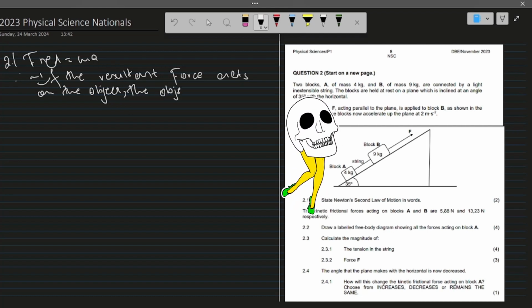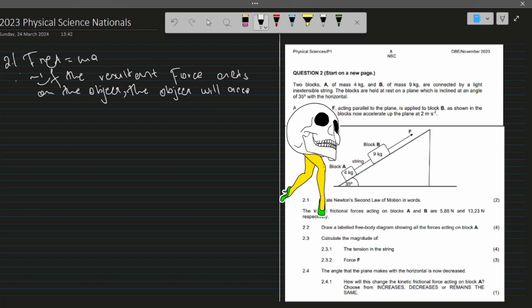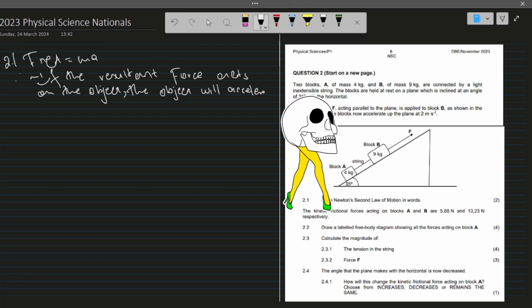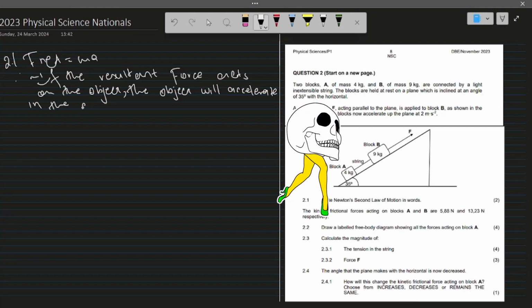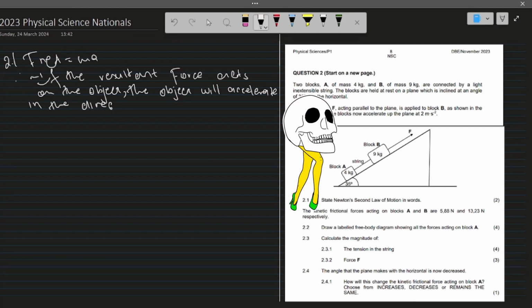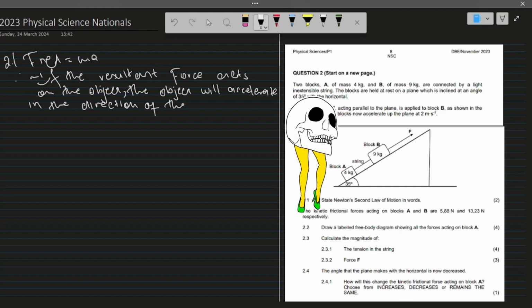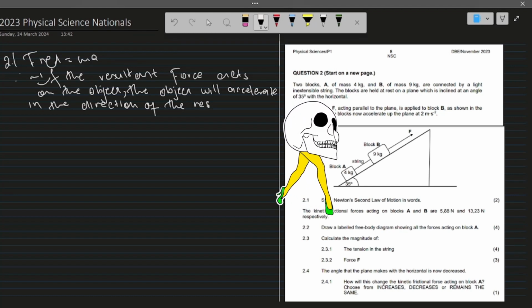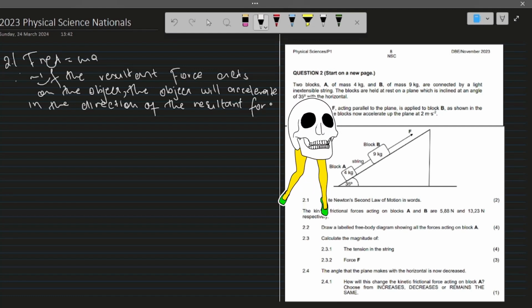The object will accelerate in the direction of the resultant force.